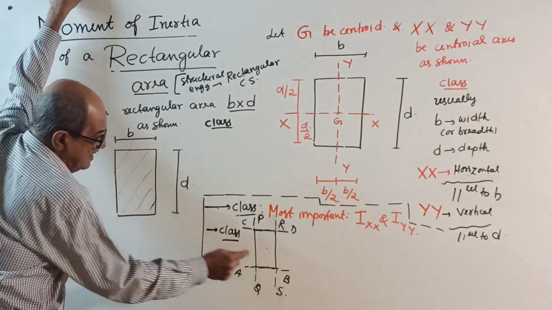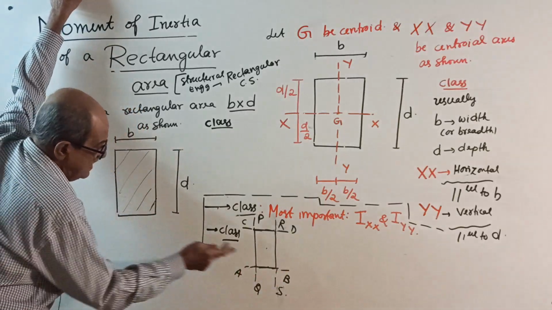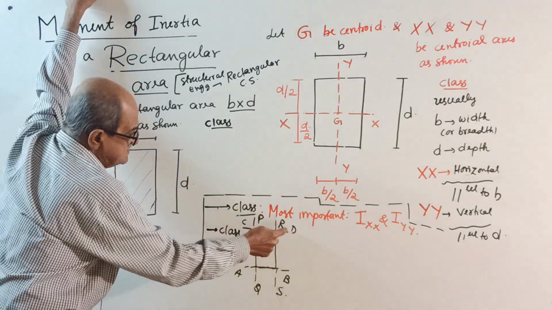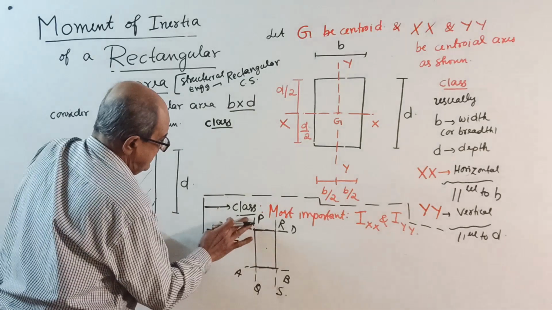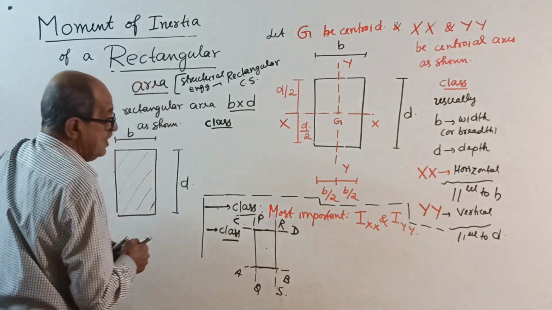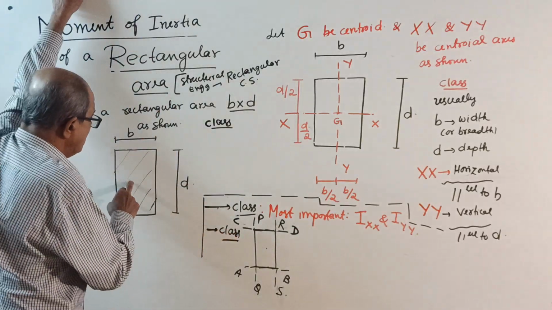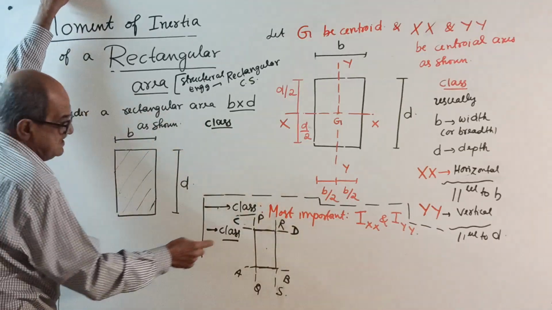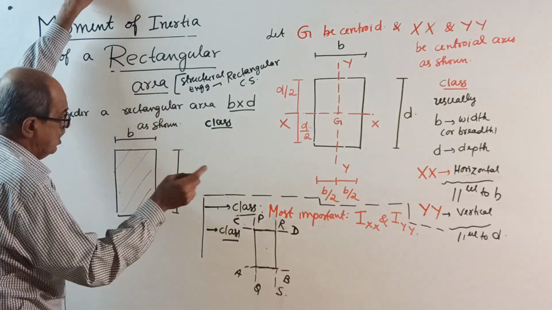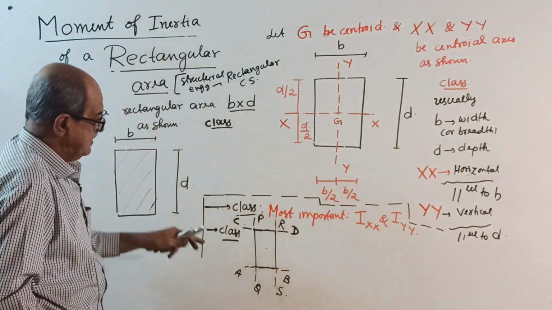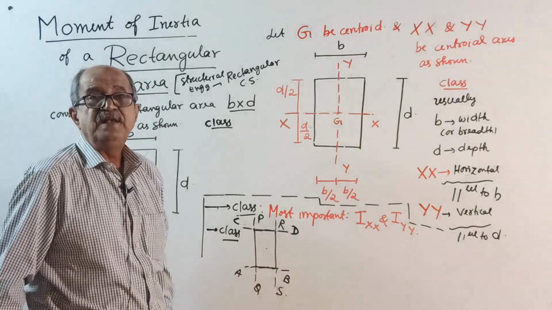Or about the top edge, say CD. Or they can ask, what is moment of inertia about the left vertical edge, say PQ, or right vertical edge, say RS.